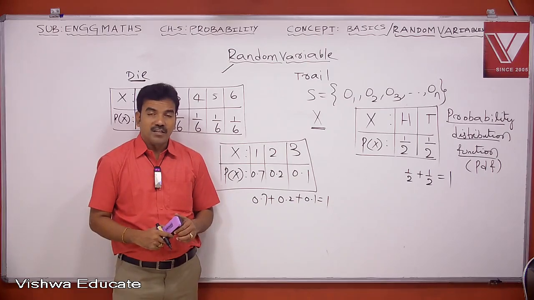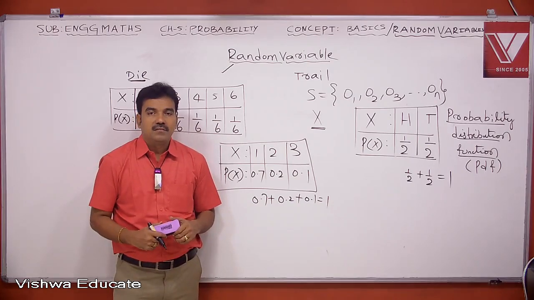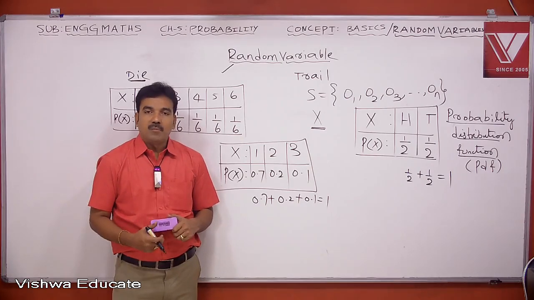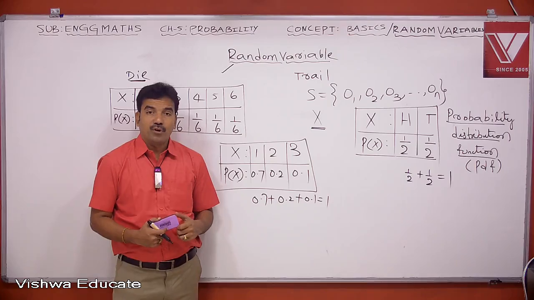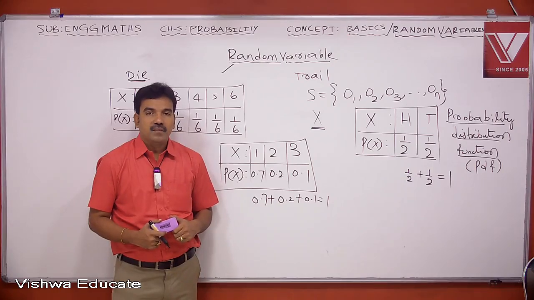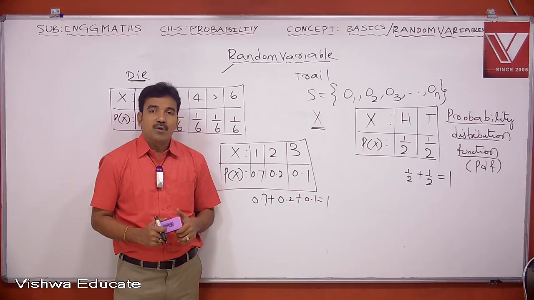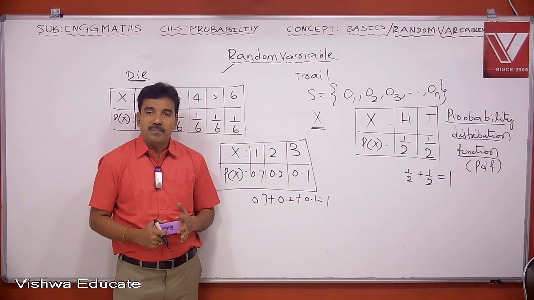If the probabilities of sample points of an experiment are specified, then it is called a PDF.